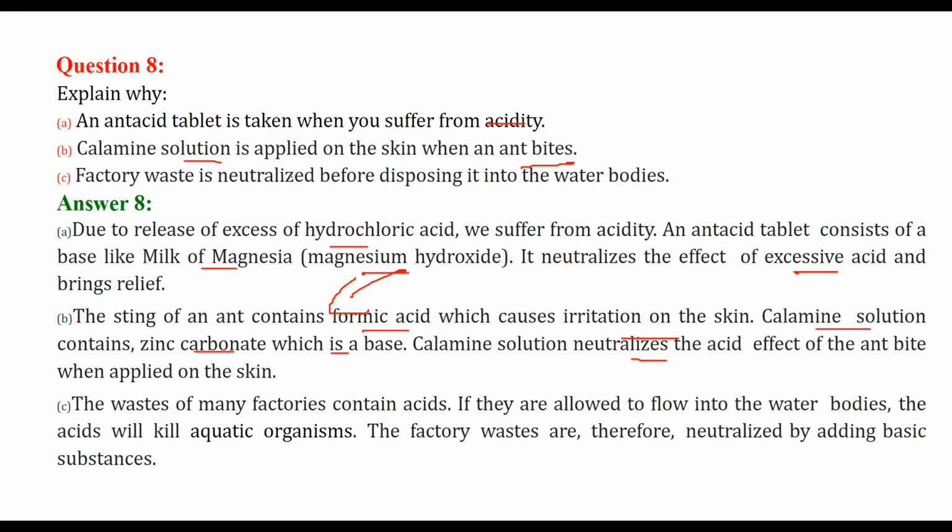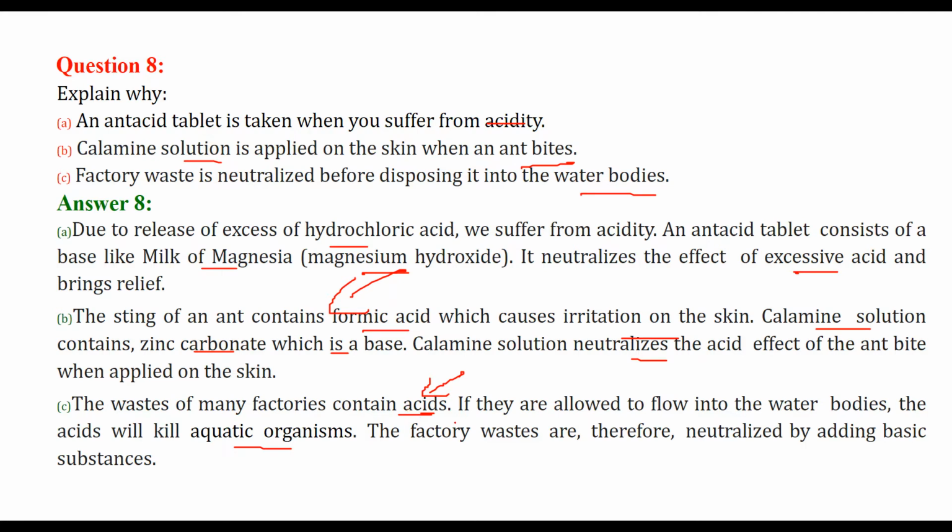Factory waste is neutralized before disposing it into water bodies. What happens? Most of the factory waste is acidic. If you send it directly to rivers, the aquatic organisms, living or non-living, plants or other things, are affected by these acids and they may die.